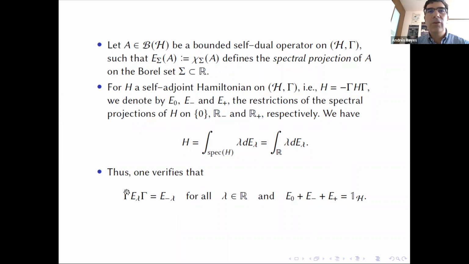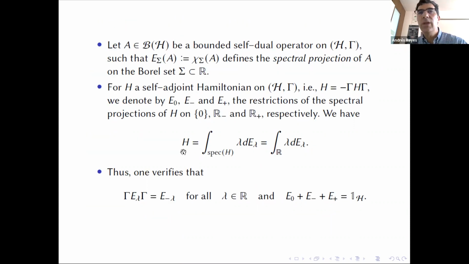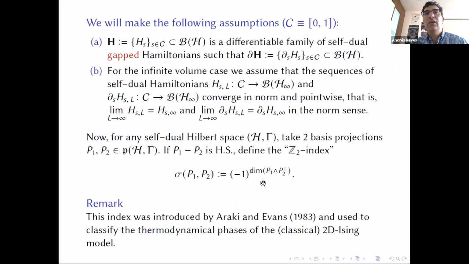Now, because of the property we have on the left-hand side, it turns out that if the Hamiltonian is gapped, then this projector E0 will not be there, and E plus and E minus become self-dual projections. This is important because if we start with the Hamiltonian and we are able to know what this projection E plus is, then we basically can write down what the ground state is. So this projection will give us the ground state.